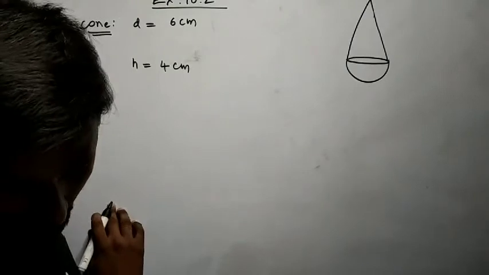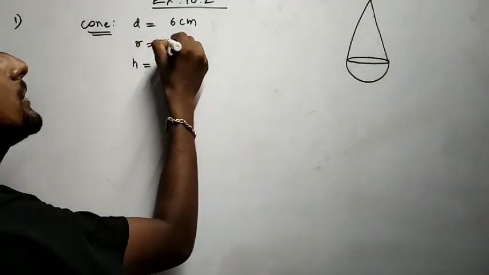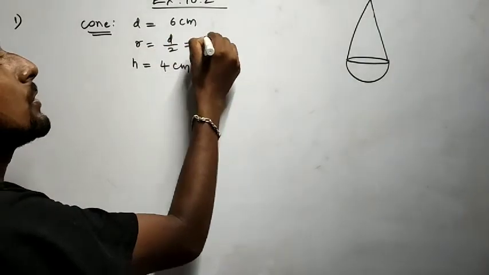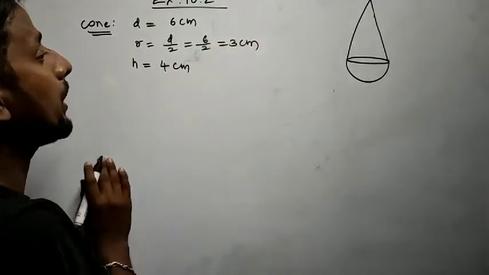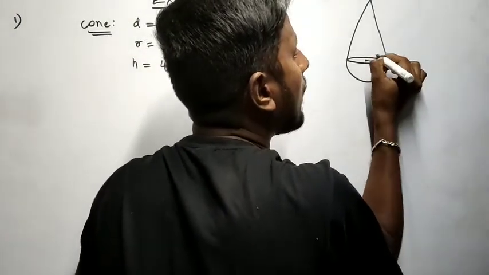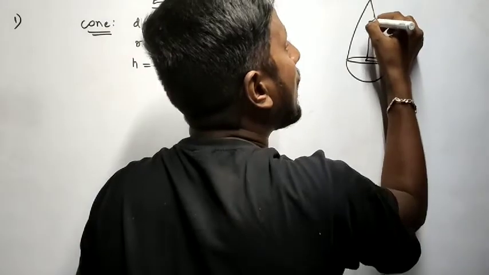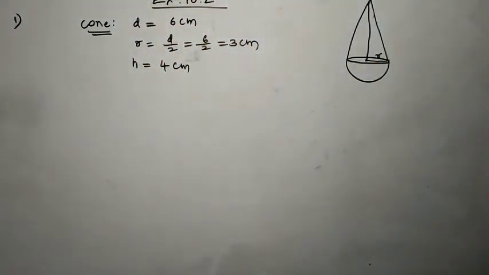Now look, the diameter of the cone is 6, so the radius of the cone is d by 2, that is 6 by 2, that is 3 centimeters. The r belongs to both the hemisphere and the cone.